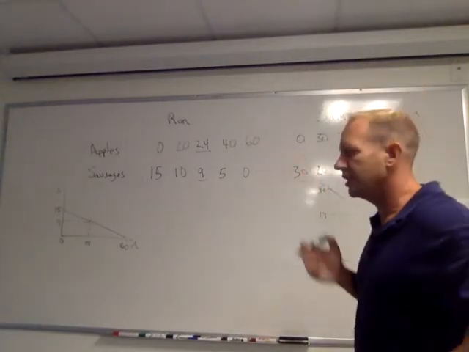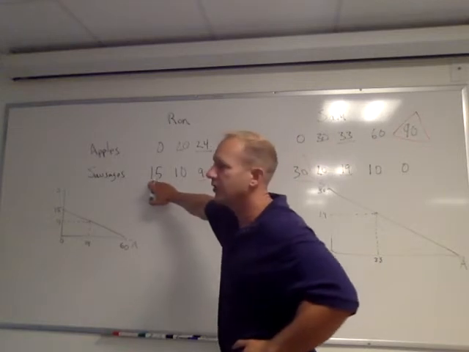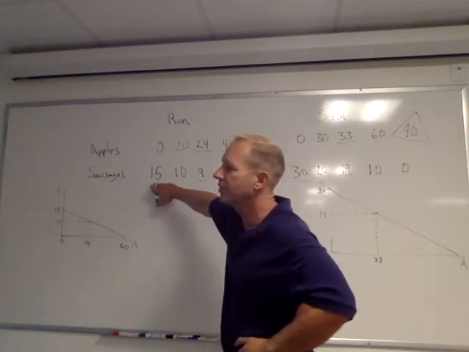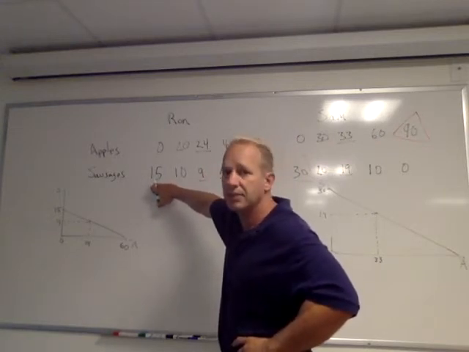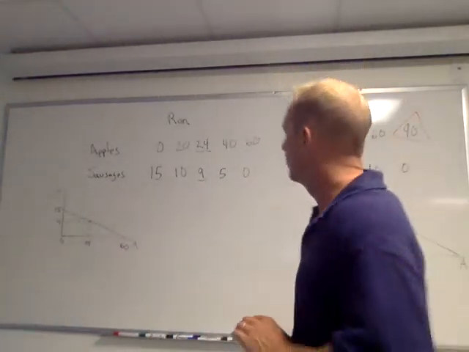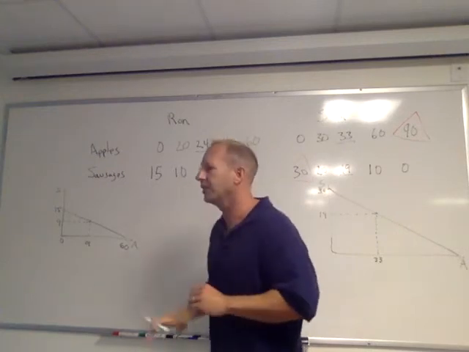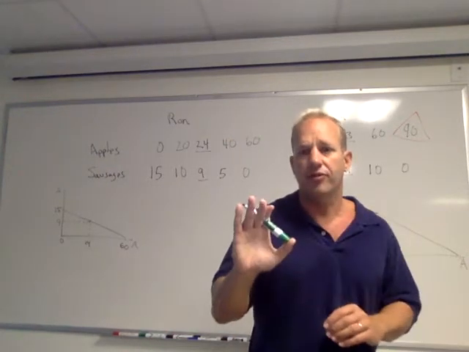He gives up 60 and gets 15. For each of these that he produced, how many did he give up? Well, if you give up 60 of something and get 15 of something else, you gave up 4 for every 1 you got.